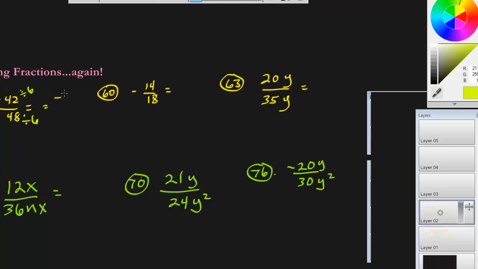So this would be -7 over 8. Here, I would divide the top and bottom by 2. This fraction starts off negative, so my answer is going to be negative. I'll put an answer blank there and a negative sign so I don't forget. So 14 divided by 2 is 7, and 18 divided by 2 is 9, -7/9.